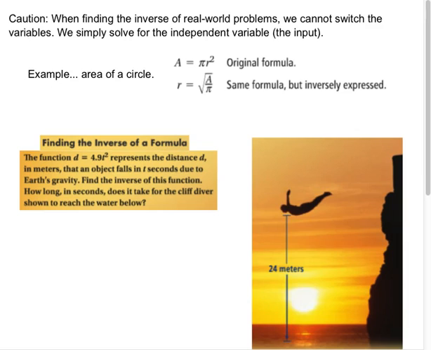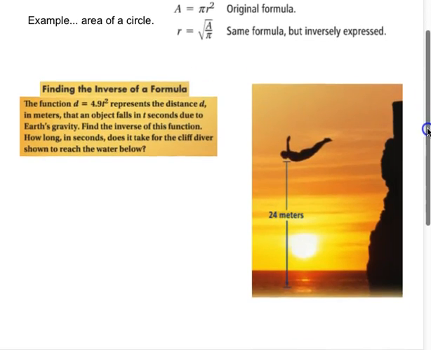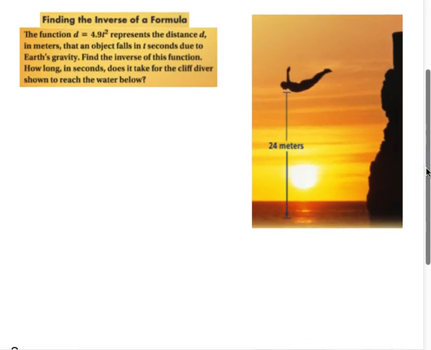You just divide by pi, square root, and of course in real world you wouldn't have a negative area. So there you know that you just plug in the numbers and you undo it. You don't have to go through all of the work of actually finding the inverse by switching the variables, because in the real world you can't flip-flop variables like that. It wouldn't make sense.